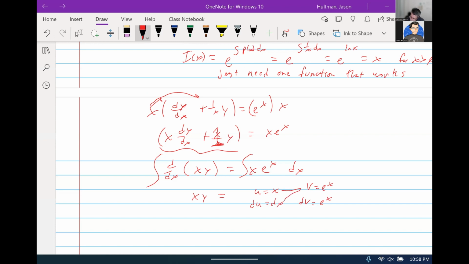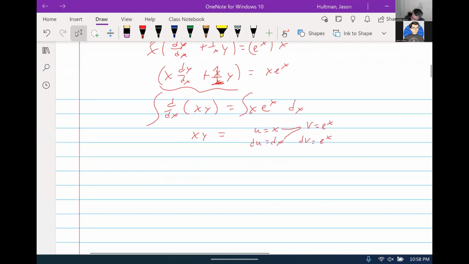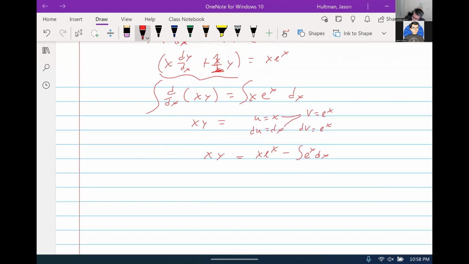So we're going to integrate by parts there: uv, x e to the x, minus the integral of e to the x dx. Let's finish off this integration by parts: xy equals x e to the x minus e to the x plus c.